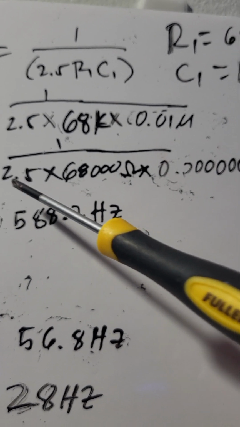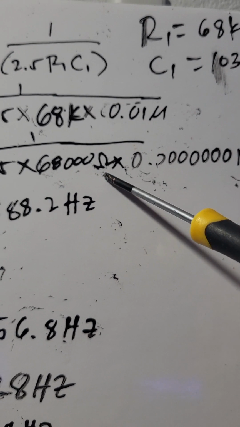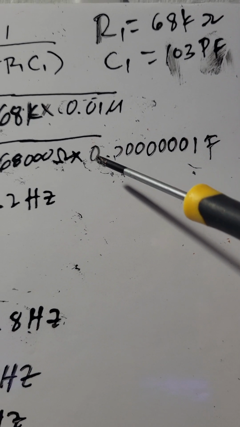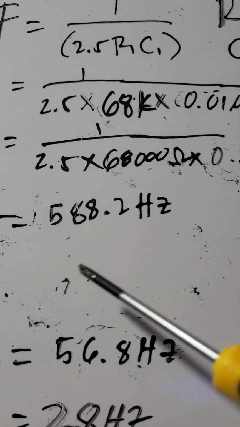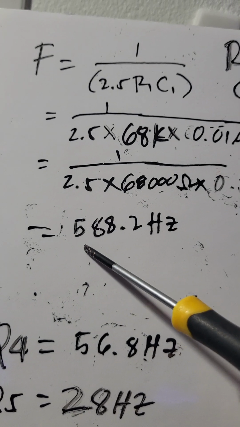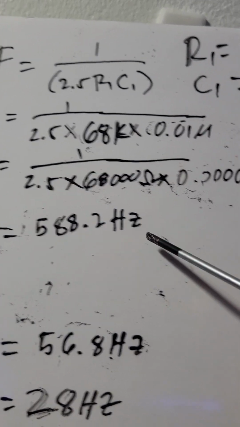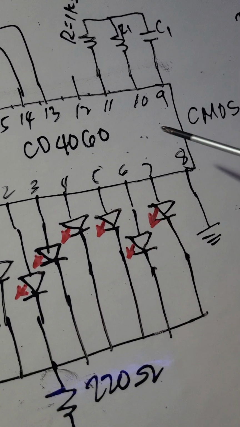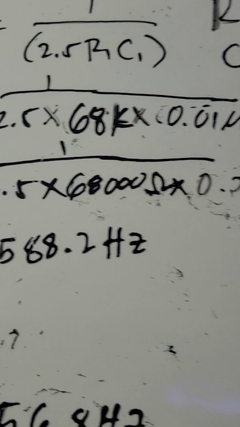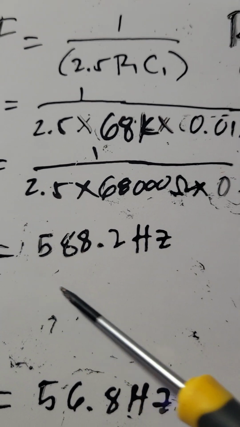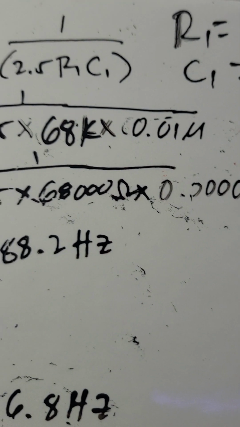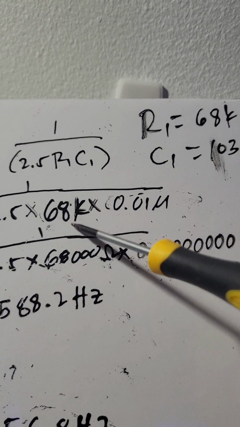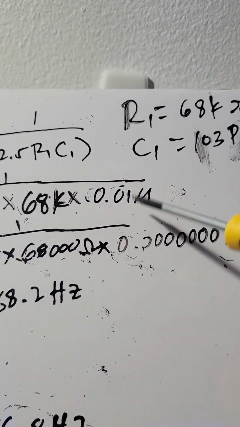So 2.5 times 68,000 ohms times 0.00000001 farad. So the frequency is 588.2 hertz. That's approximate; we cannot say that this is a perfect frequency that the oscillator can produce inside, since the resistor has a tolerance and the capacitor has a tolerance.